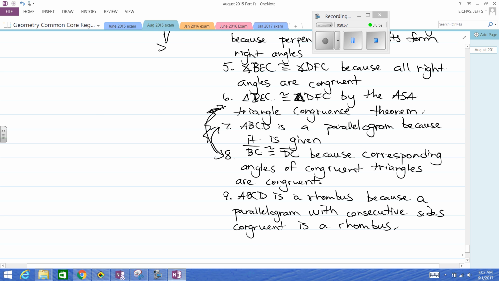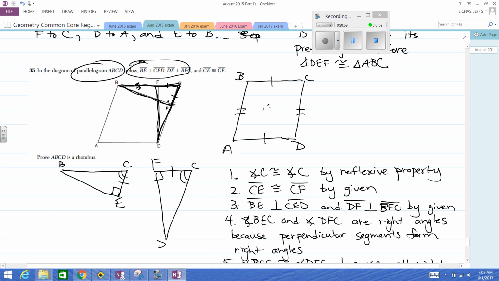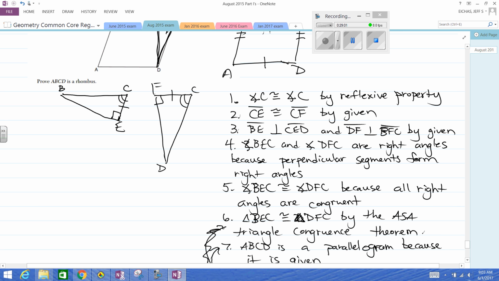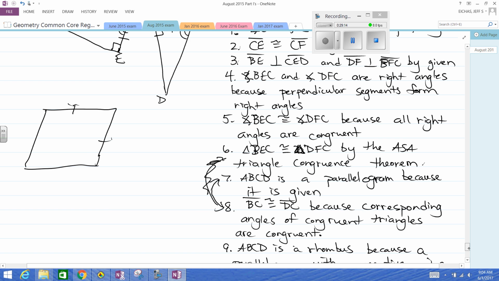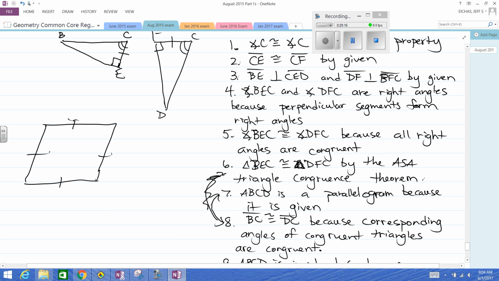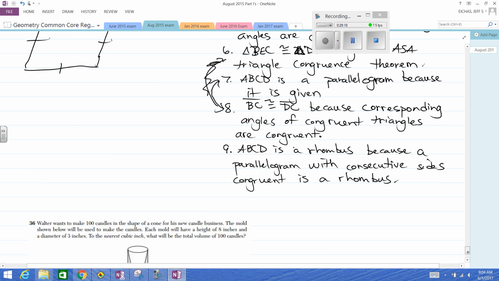And there you go. So what am I saying there? I've got a parallelogram, and then I showed these two sides were the same. So once you show the consecutive sides, the next to each other sides, are the same and you have a parallelogram, all 4 sides end up being the same, which is a rhombus.